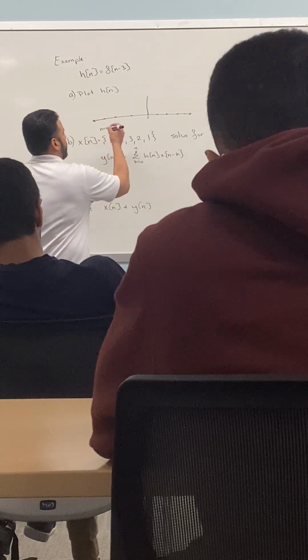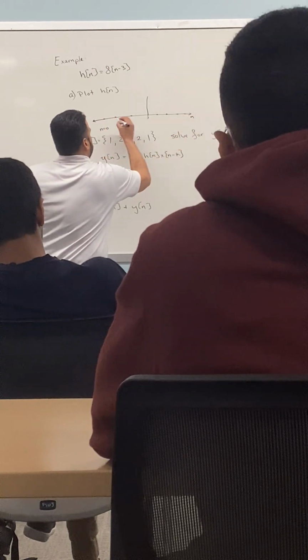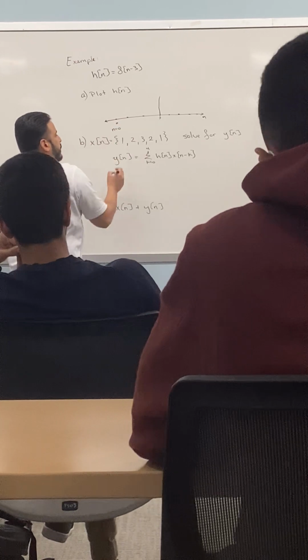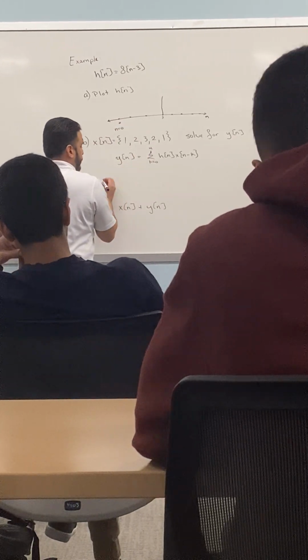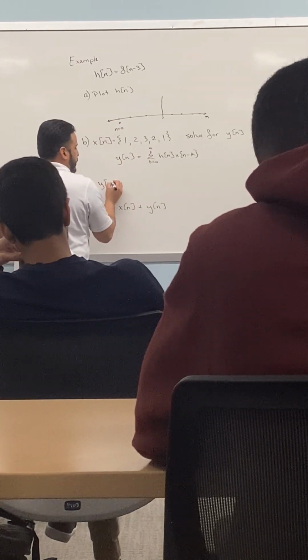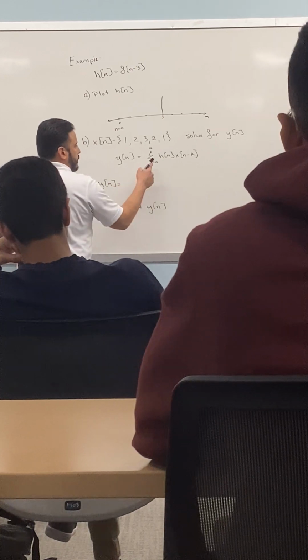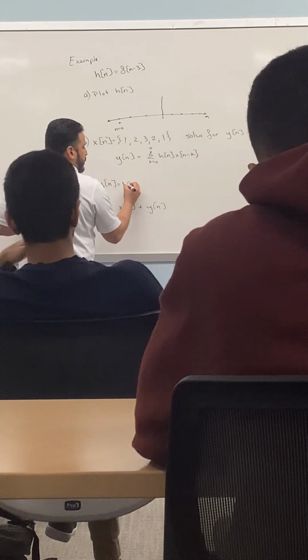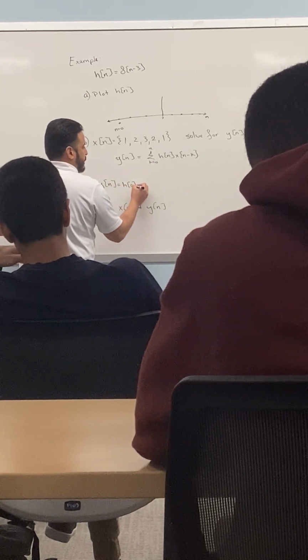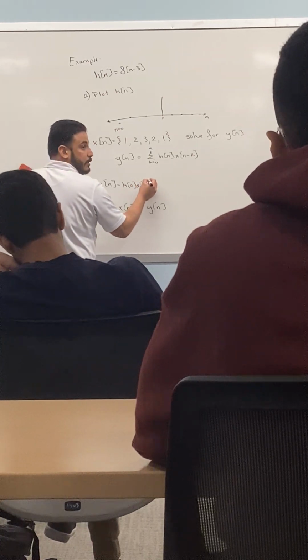Well, let's try, okay, so let's say we start at 0. It would be h of 0 times x of n minus 0, right?